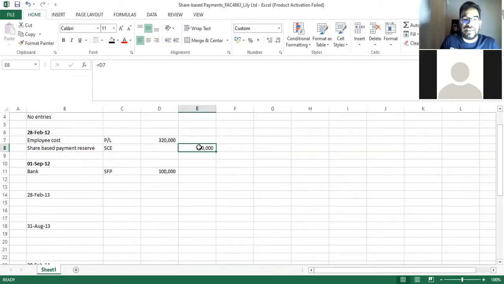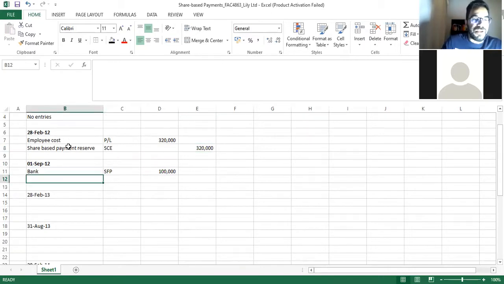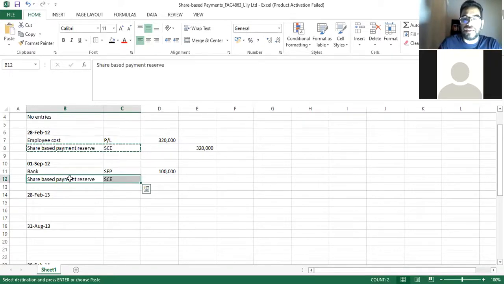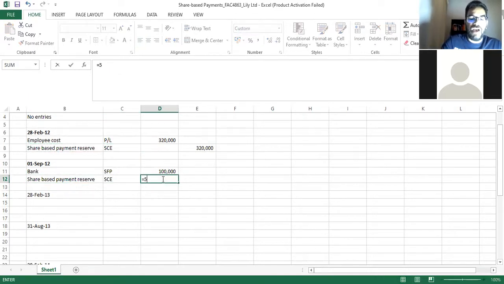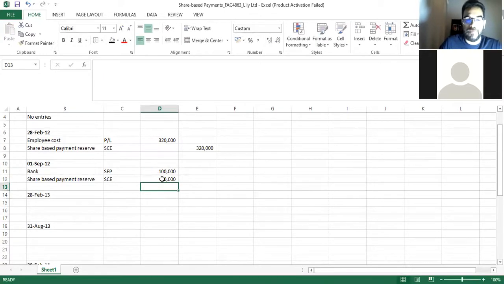She has exercised it. So therefore, what's going to happen? The share-based payment reserve will now decrease. Share-based payment reserve is an equity balance. Equity decreases on the debit side. How much does it decrease by? It decreases by 5,000 options multiplied by the grant date value, the 10 Rand. So just take note of that.